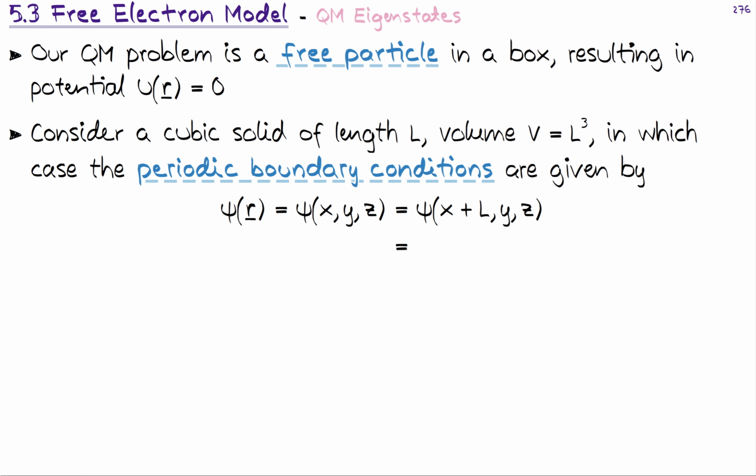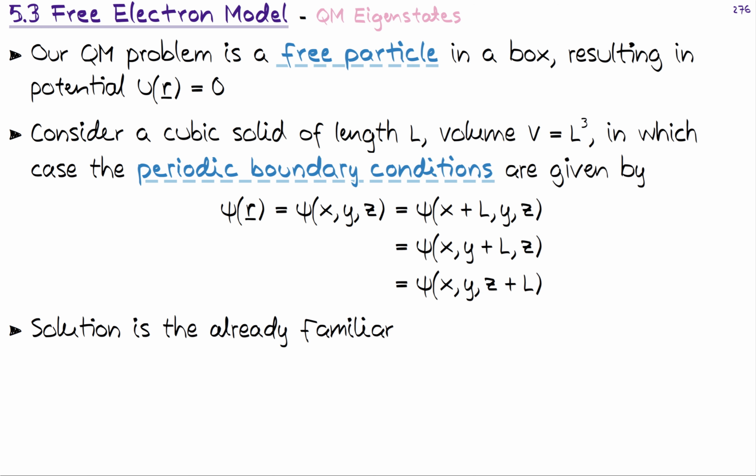And similarly, when we go to y plus L, this must be the same wave function as we have in the original y position. And finally, for the z direction, we have the same thing, so that we complete our assumption of periodic boundary conditions. So this is the box in which the electron is.